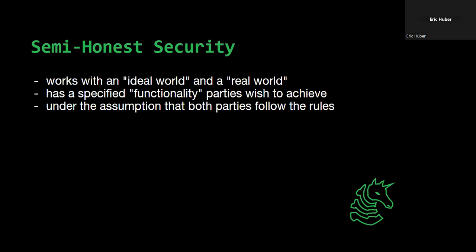So yeah, next let's talk about semi-honest security. We talked about this earlier, in the sense that it is a threat model where we assume both parties play nicely and follow the rules of how a protocol should work. In order to do so, we start with having an ideal world and a real world, where in the ideal world, everything is ideal in the sense that all we care about is how that functionality would work. We don't care about how we're going to realistically solve this problem.